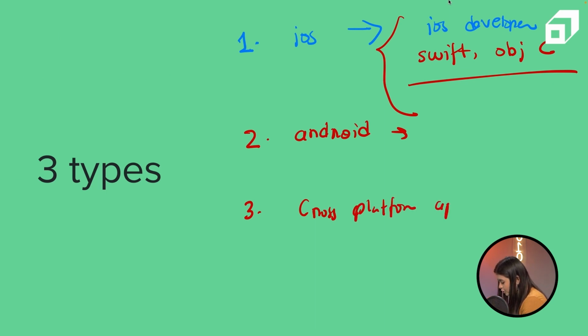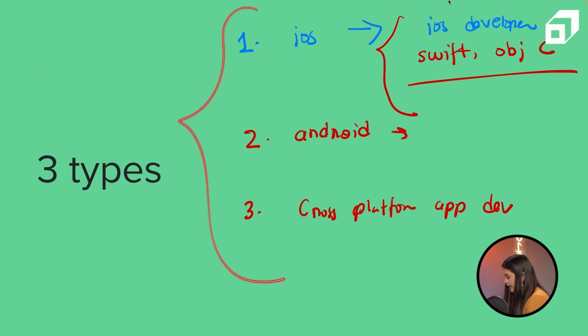These are the three very important types when it's about mobile applications. As an iOS developer, we already talked, you are developing apps that go on the App Store, right? As an Android app developer, every day you will be using languages like Java or Kotlin.